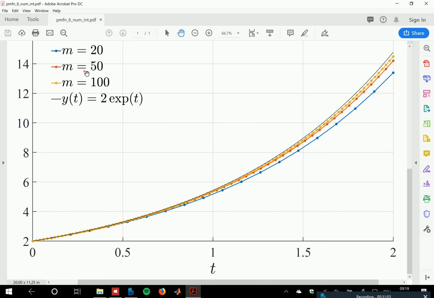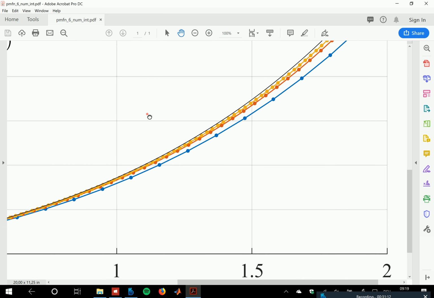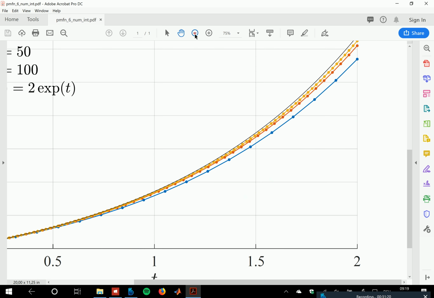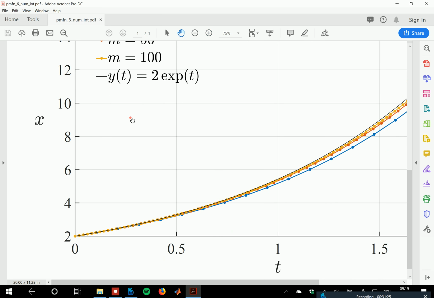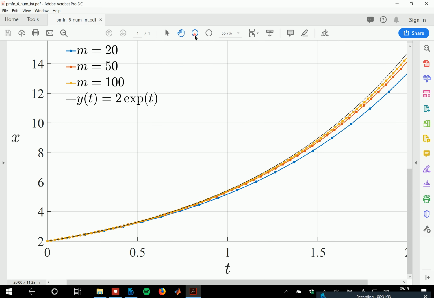The red one has 50 support points and the yellow one has 100 support points. So there are more beads on these strings, if you want, and you see that the error with respect to the true function gets lower. What you also see is that in the beginning they are all quite good, but as t gets larger, the error increases.